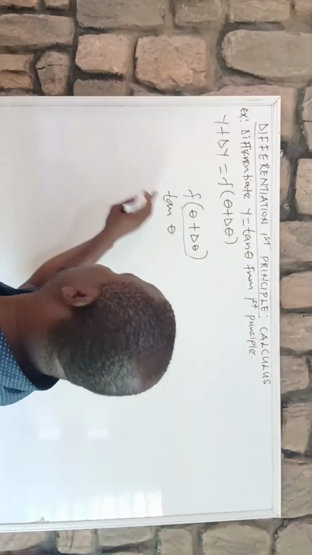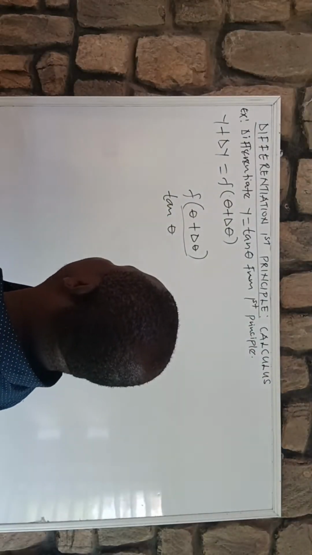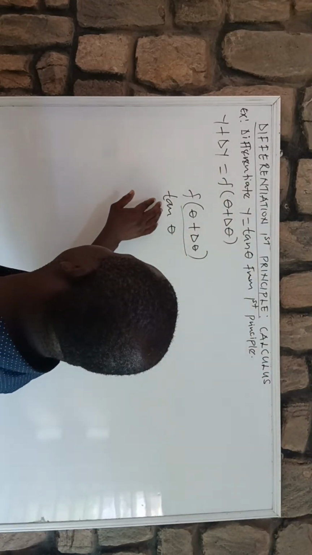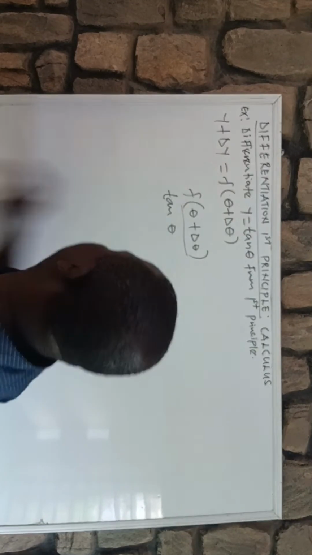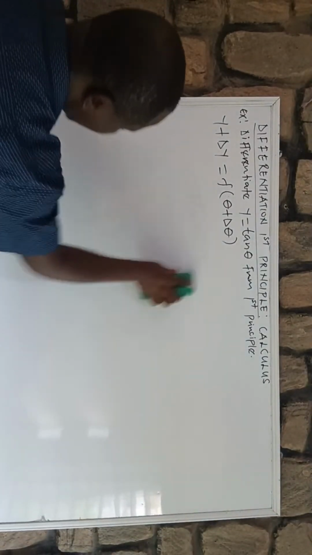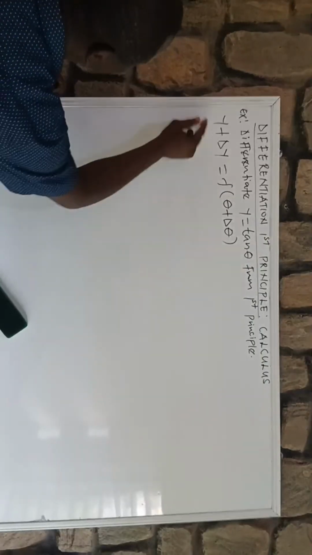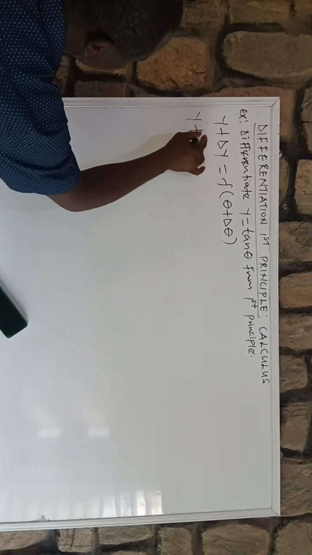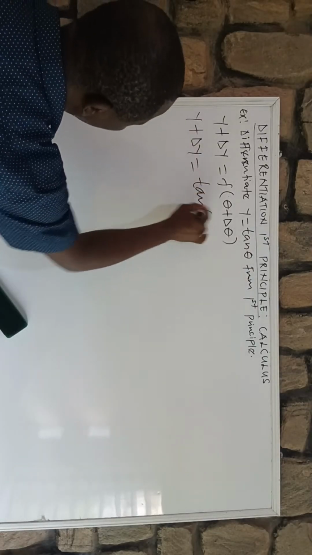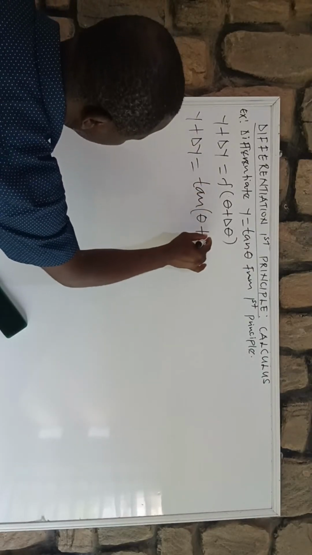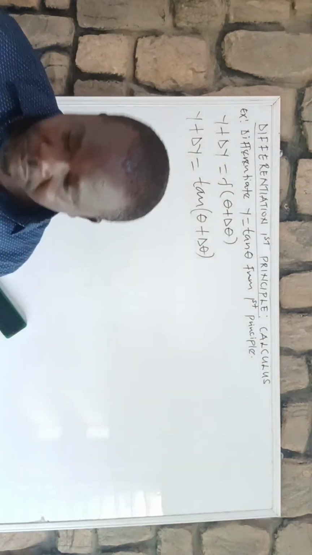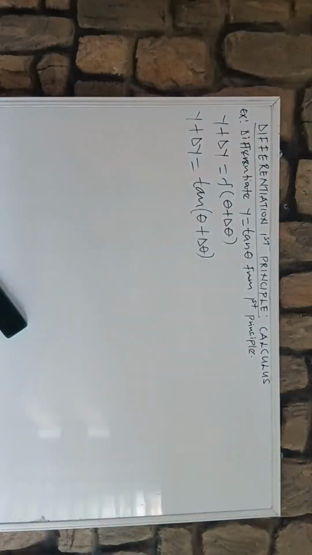If you want to present tan theta using first principle, it will look like this: y plus delta y is equals to tan open bracket theta plus increase in theta. Are you following? Hope you are following.